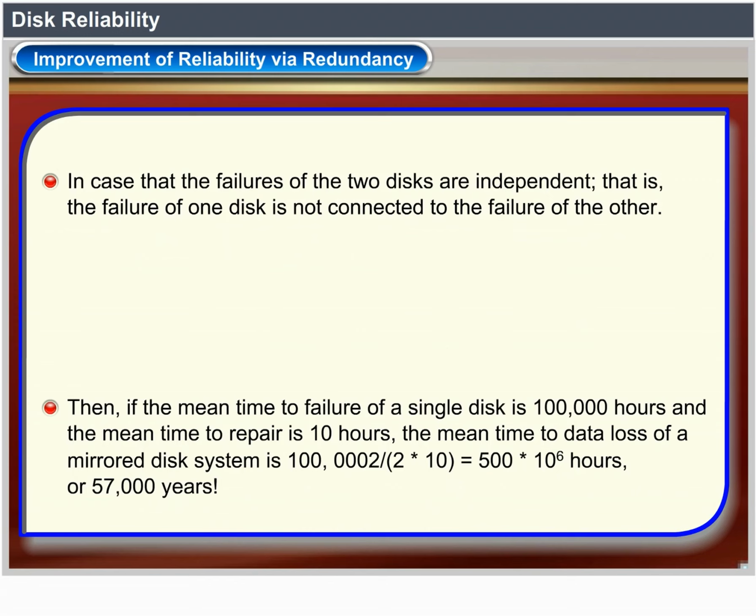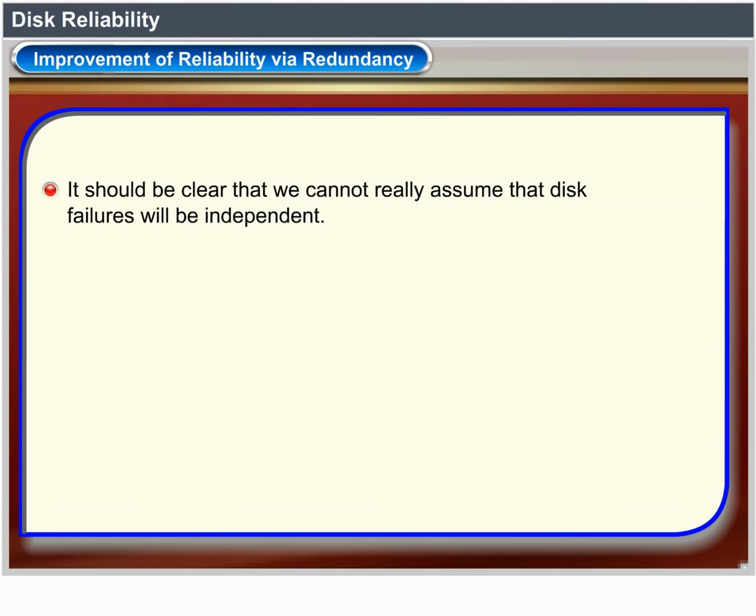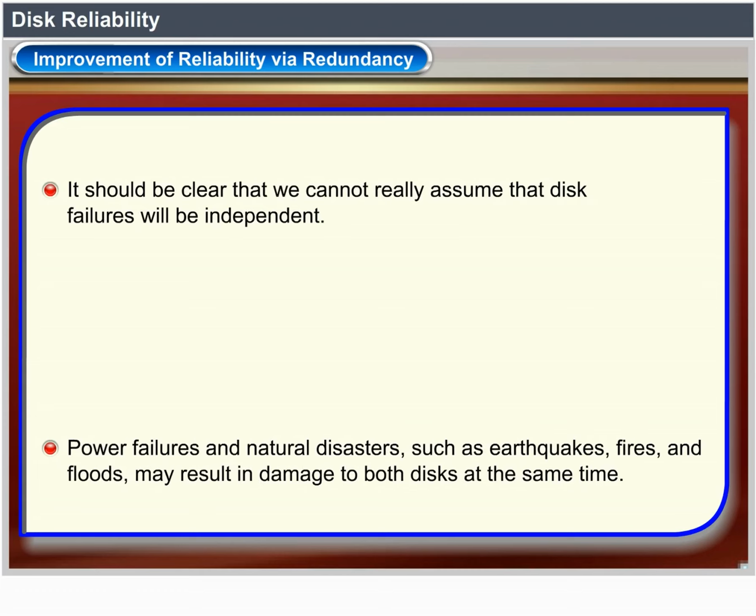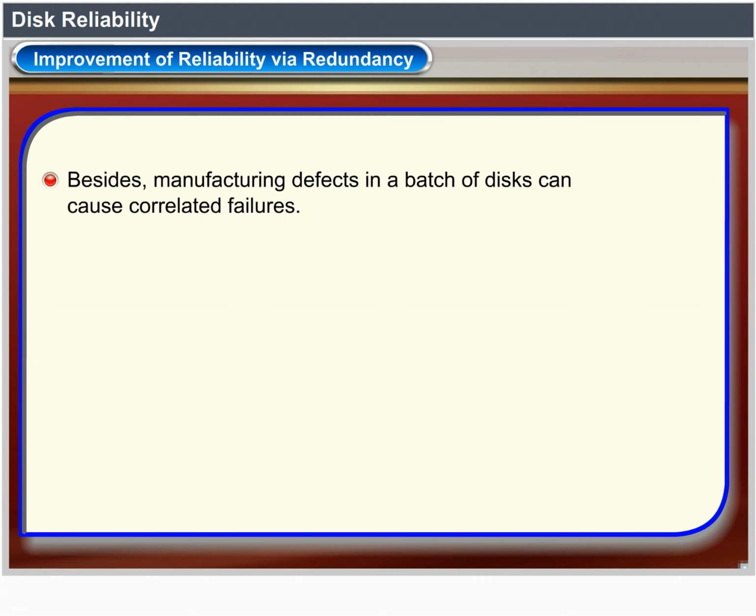We should be aware that we cannot really assume that disk failures will be independent. Power failures and natural disasters such as earthquakes, fires, and floods may result in damage to both disks at the same time. Also, manufacturing defects in a batch of disks can cause correlated failures.